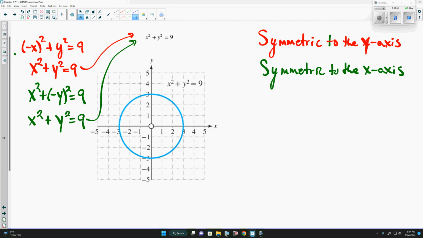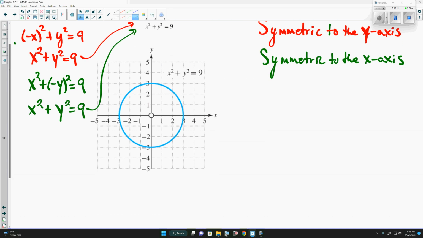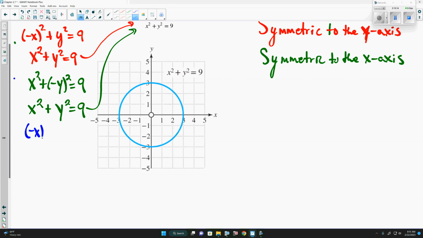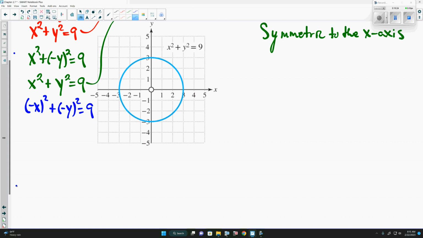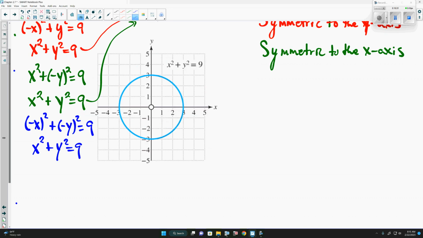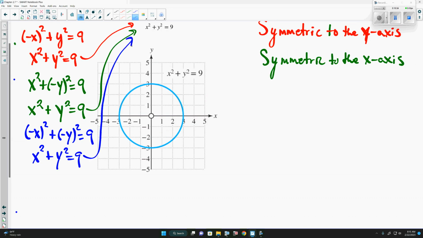If it is symmetric to both the x and y axis, there's a good chance it's going to be symmetric to the origin. If we test symmetry to the origin, we replace x with negative x, and we replace y with negative y. We replace both. And as we've seen already, negative x squared is just x squared. Negative y squared is y squared. And is this the same as our original function?